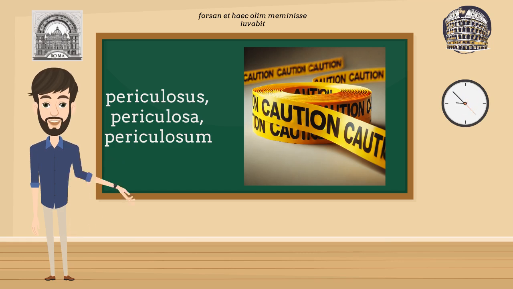Periculosus, periculosa, periculosum. Periculosus is the adjective dangerous. It's derived from the noun periculum, danger. We're taught as English learners to think of nouns and adjectives, verbs and adverbs as different parts of speech.